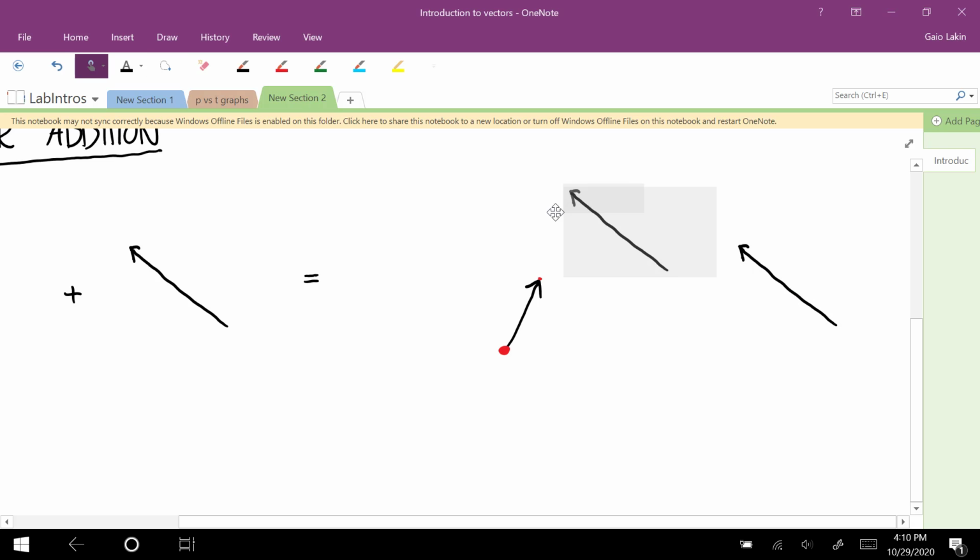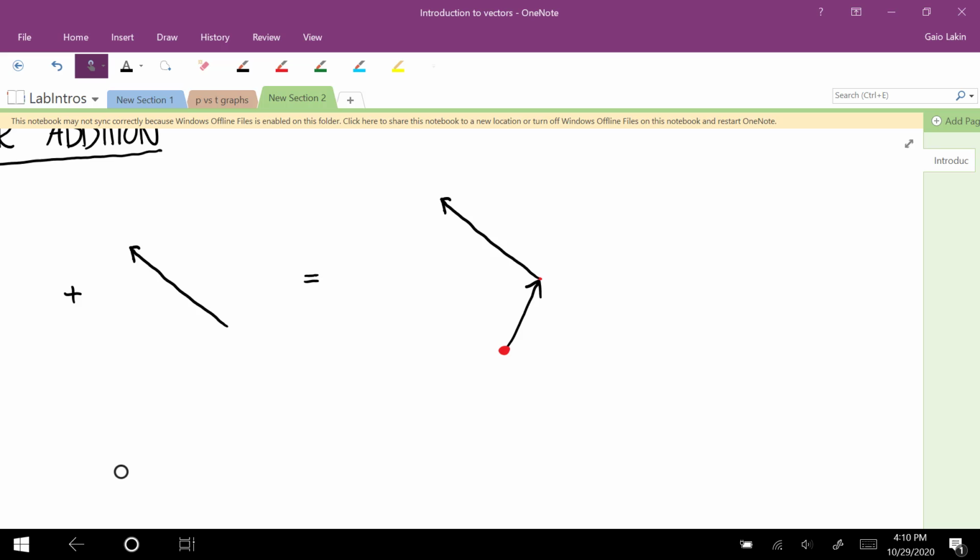Okay, so I'm going to put it here. And the resultant vector I'm going to do in red then is the vector that goes from the start of the whole journey to the end of the whole journey.